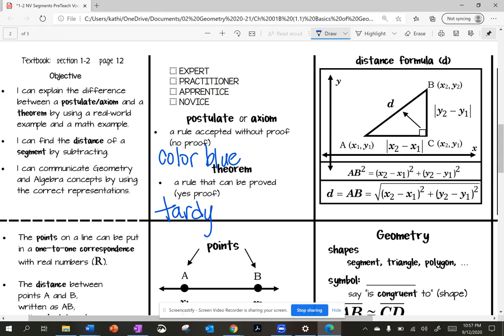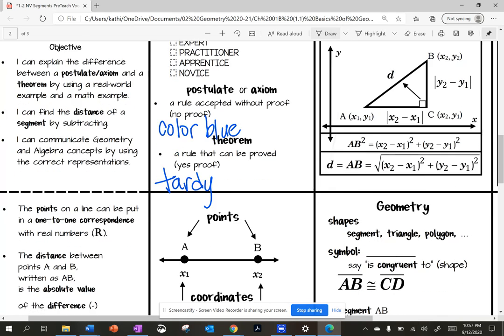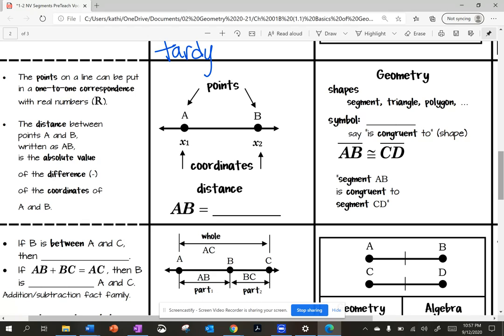Okay, so let's start out with the ruler postulate. Okay, here's my ruler postulate. So the ruler postulate says the points on a line can be put in a one-to-one correspondence with the real numbers.